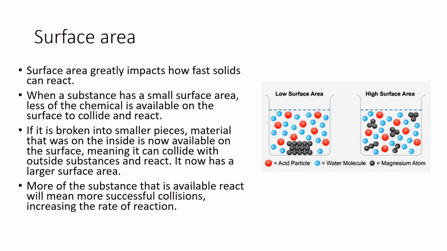More of the substance is available to react, which means more successful collisions occur, and this will increase the rate of reaction. So remember, when we have a higher surface area, more of the particles that were on the inside are now available on the surface. That means the other particles can collide with them, and that would increase the rate of reaction.